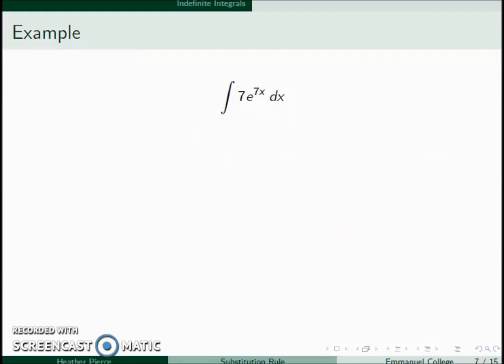Let's try this one. In this case, our inner function is going to be the exponent, 7x. So the derivative would just be 7 dx.